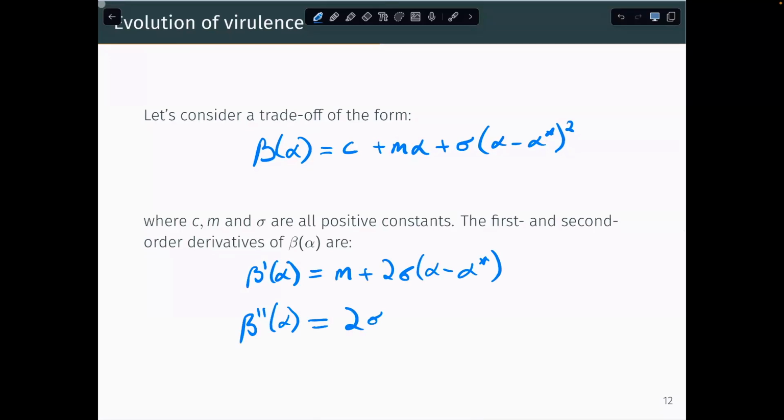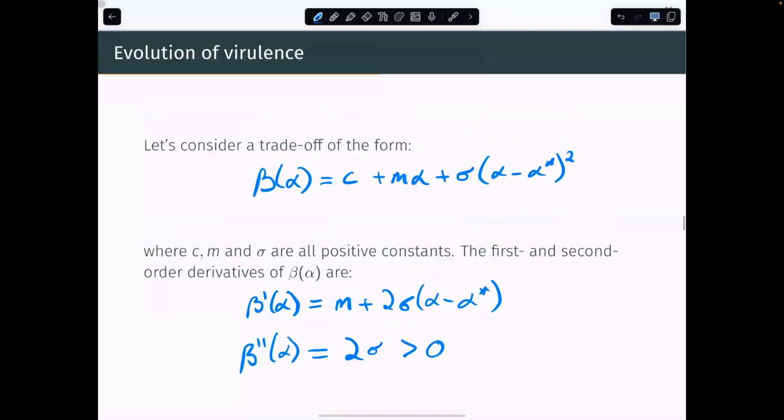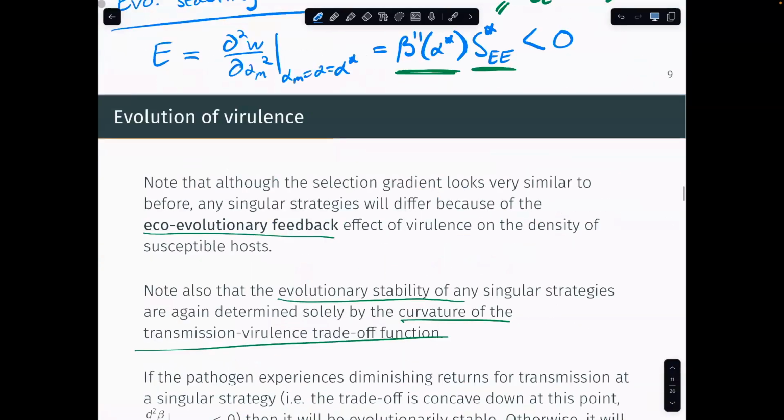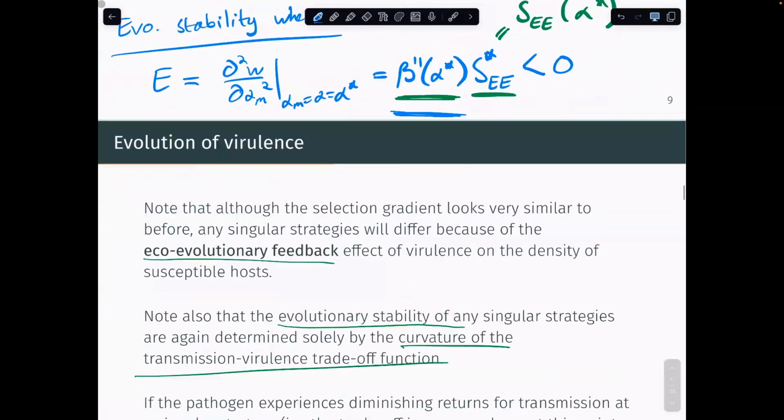You note that I've chosen this: if sigma is a positive constant, our curvature at our singular strategy is always going to be positive, because the curvature everywhere is going to be positive. That's nice because remember our evolutionary stability here depends on the sign of beta double prime. So this is going to be positive, so it's going to be evolutionarily unstable.